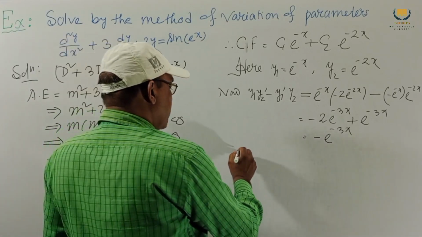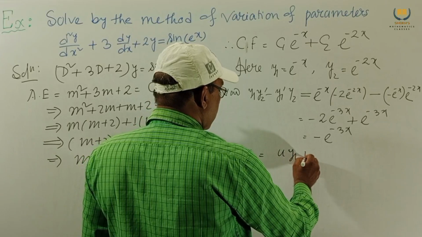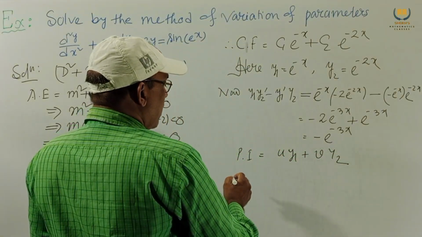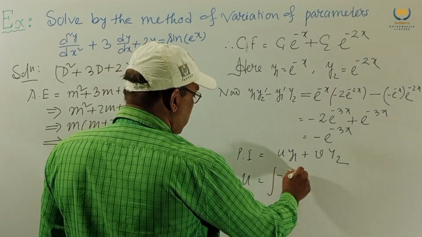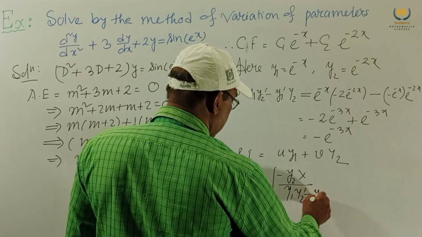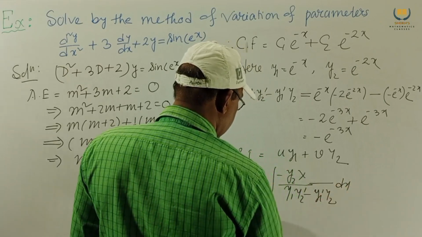Now the particular integral PI equals u y1 plus v y2. We know u equals minus integral of y2 X by (y1 y2 dash minus y1 dash y2) dx.